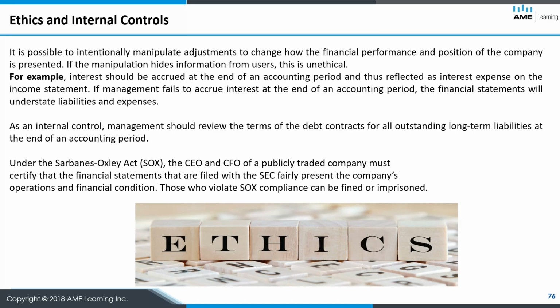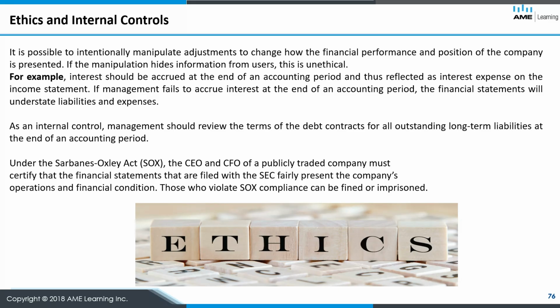So one way that you could unethically manipulate your financial statements is through the purposeful exclusion of an adjusting entry. We've learned in this chapter that interest, for example, should be accrued: your principal times interest rate times the time period.